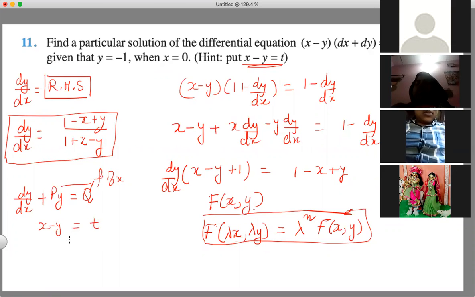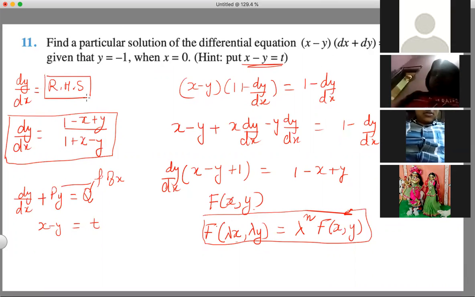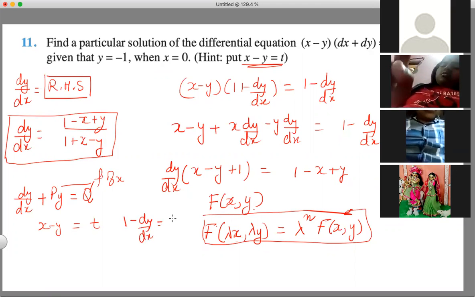Okay, now if we differentiate on both sides, what will we get? 1 minus dy by dx is equal to dt by dx.